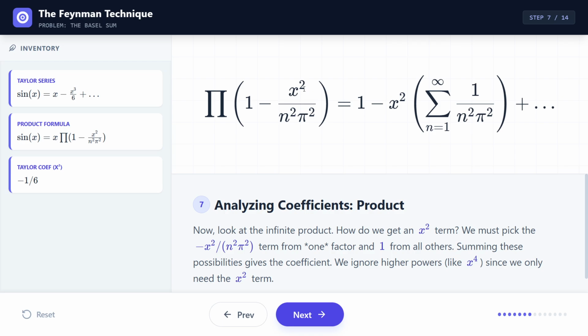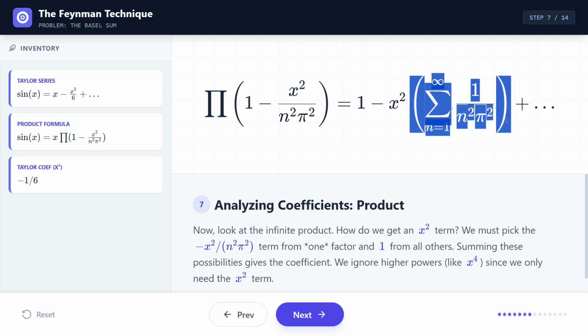You can only get an x squared term by multiplying this term by, and then all the other terms you have to choose for the next thing in your product has to be 1. All right. So basically, the coefficient in front of our x squared terms in our product is going to be this thing right here. That is the coefficient.